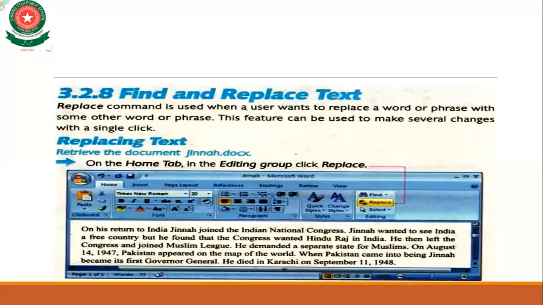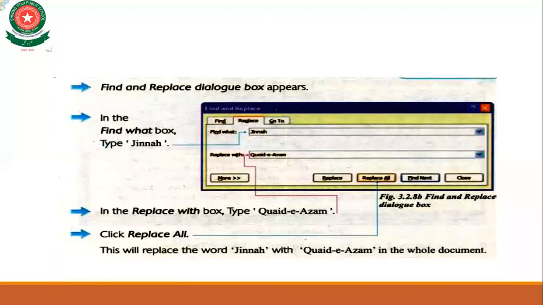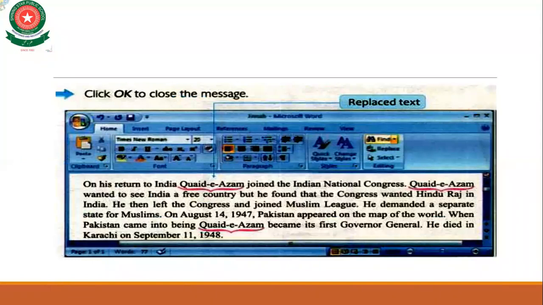Then Jinnah wanted to see India a free country. Now you can see here, on his return to India, Quaid-e-Azam joined the Indian National Congress, and against the Quaid-e-Azam. So that is the way how you can find and replace a word in the paragraph in a document.